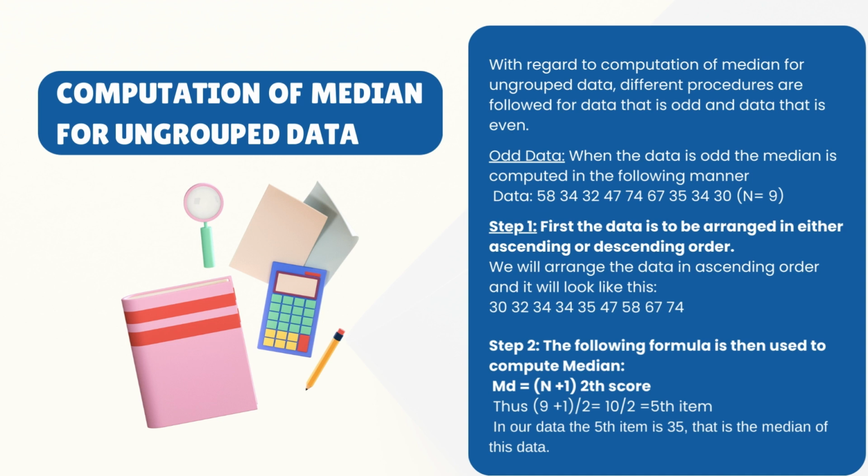So, at the 5th position we are getting the score 35. From the right side: 74, 67, 58, 47, 35. Again from the right side the fifth position is 35. So 35 would be the median of this ungrouped data.